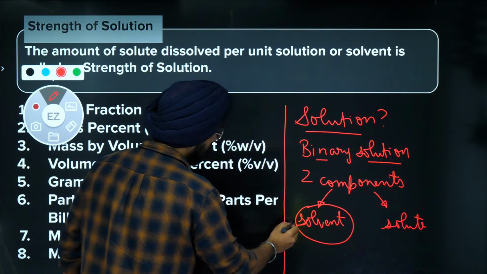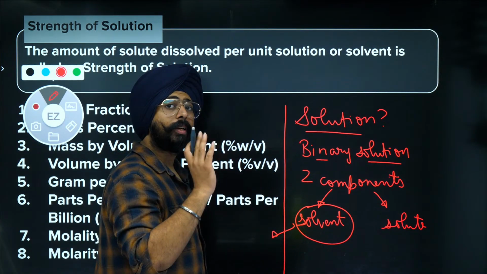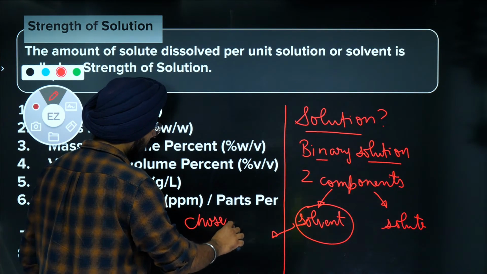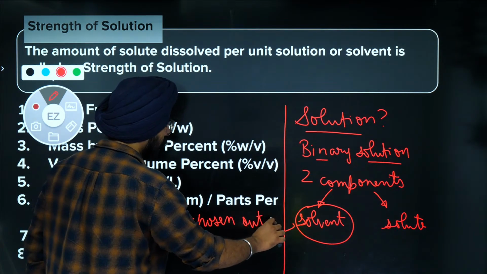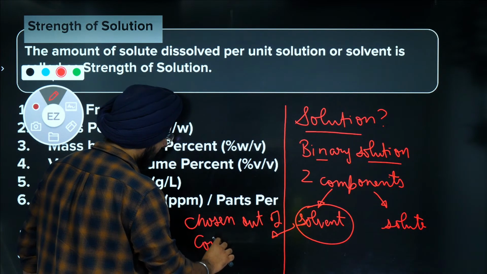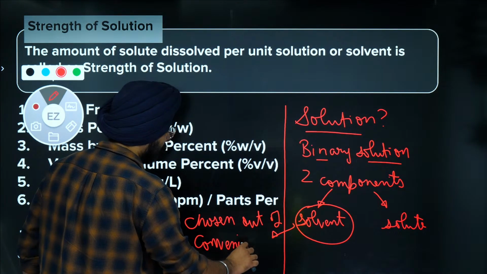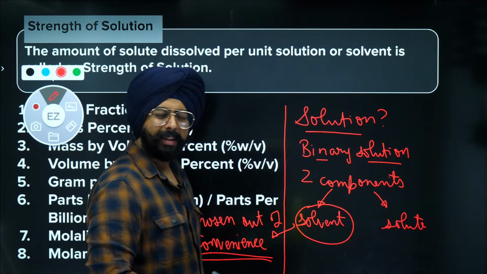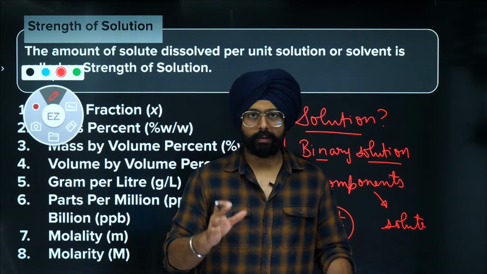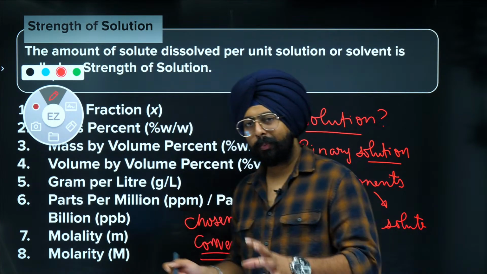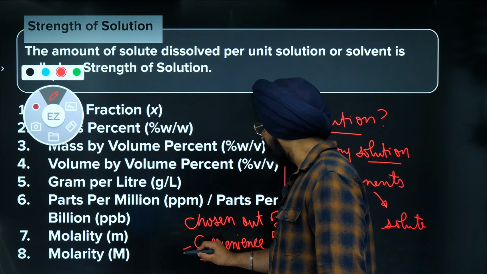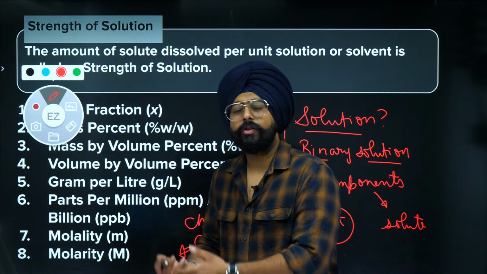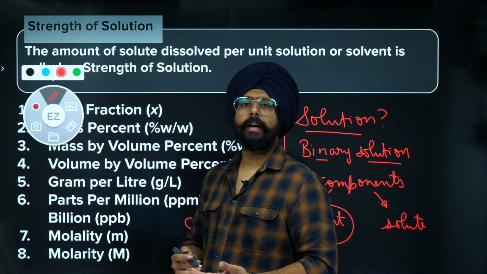The solvent is always chosen out of convenience. This is very important. The IUPAC, everyone knows IUPAC, right? IUPAC defines that solvent can be chosen for convenience of calculations and understanding.